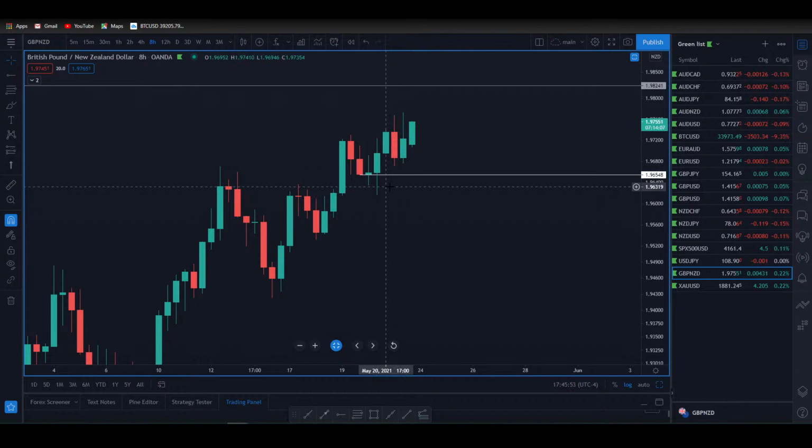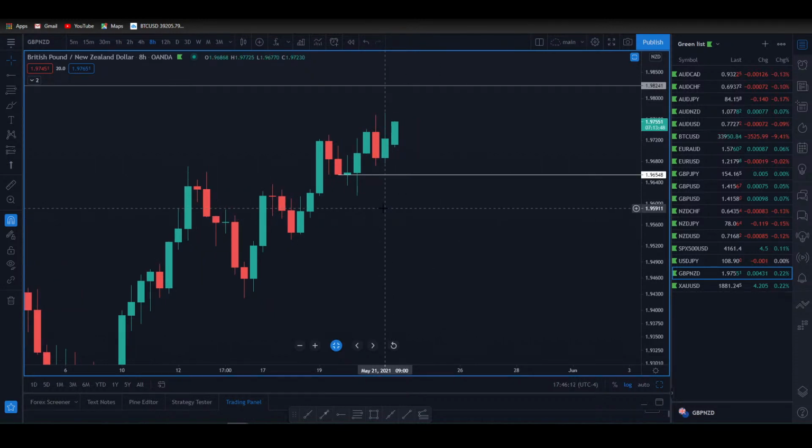But so far it's nice and liquid. Haven't had any trouble getting in and out of positions. The fills are pretty much spot on. I like KuCoin, as of what I've seen from how it operates, much better than Kraken at this point. So if it continues to perform as good as it has been, I will be moving most of my funds over to KuCoin. So I hope that helps you.